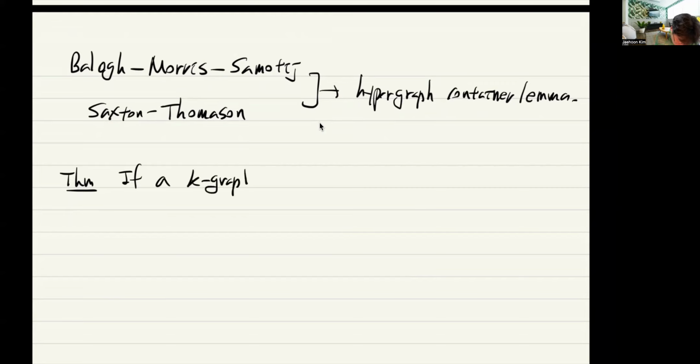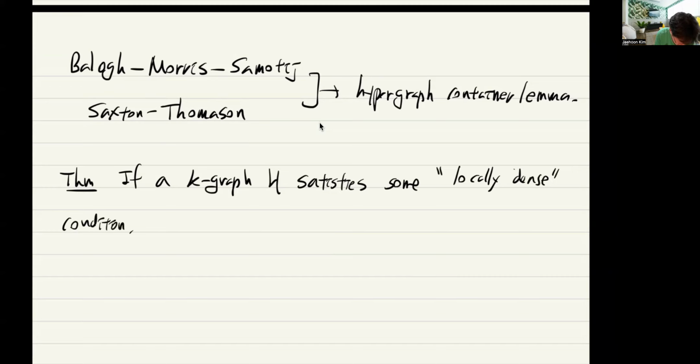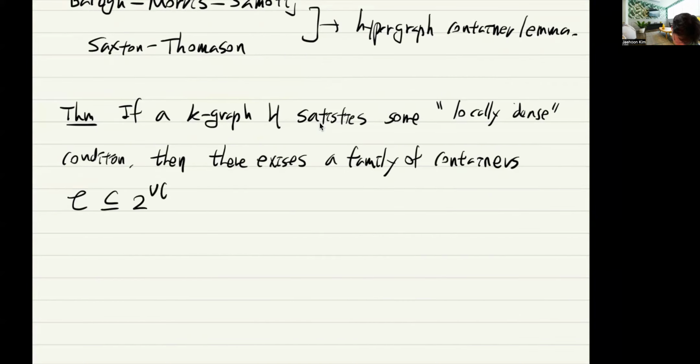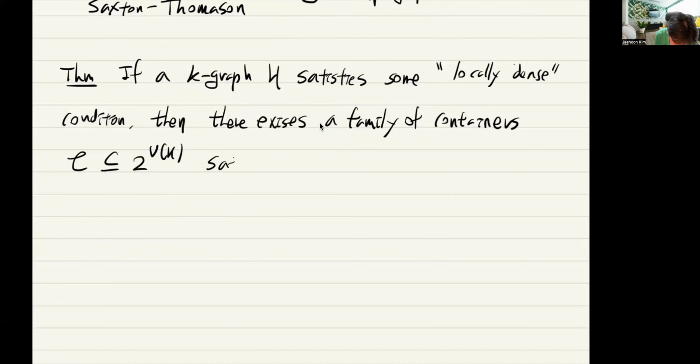But the rough idea is, say a k-uniform hypergraph H satisfies some locally dense condition, then there exists a family of containers, say curly C, which is a collection of sets satisfying the following.